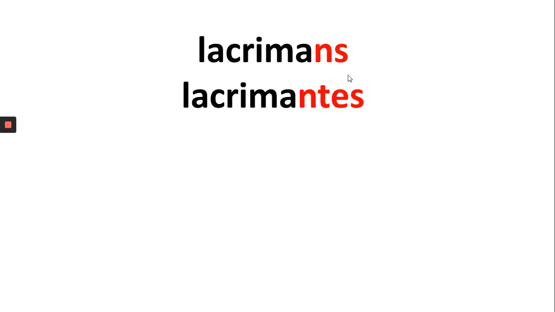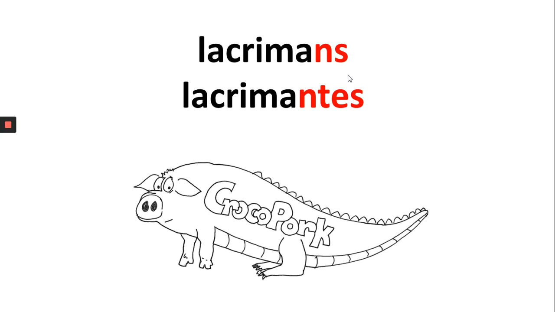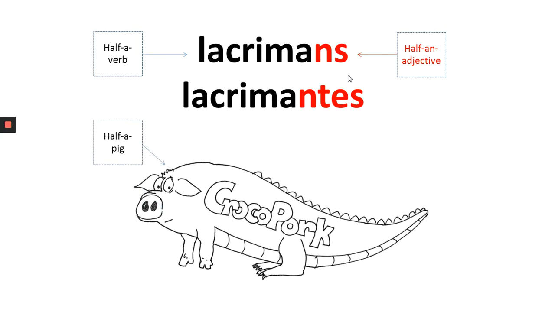So, a quick summary then of the present participle. Welcome to the wonderful world of hybrid animals. A participle is formed from a verb, and because it is used to describe a noun, it works like an adjective. So here we've got half a pig and half a croc.